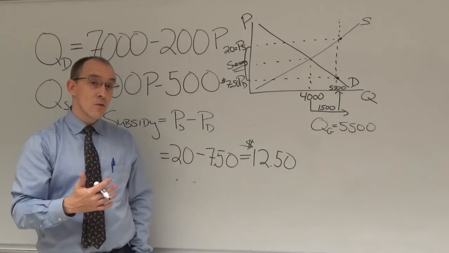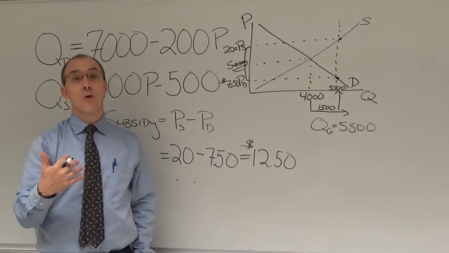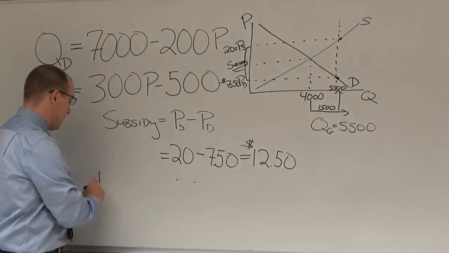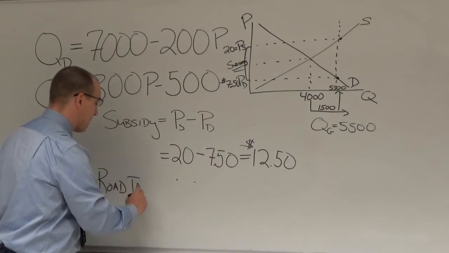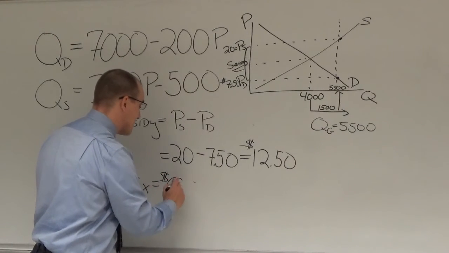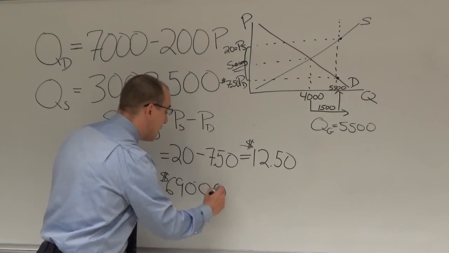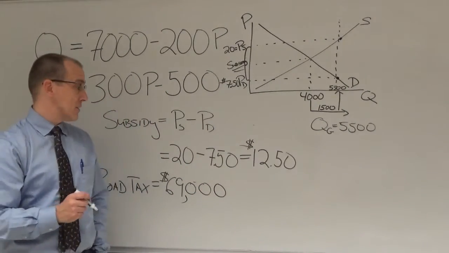Now, here's the real question. In the previous question, the government collected a road tax. In the previous question, the road congestion tax brought in $69,000. Well, how much will this cost?